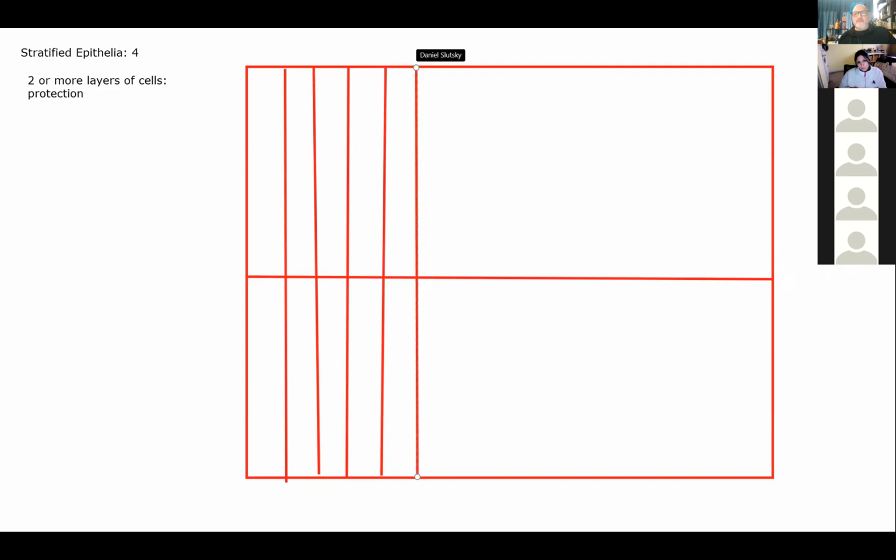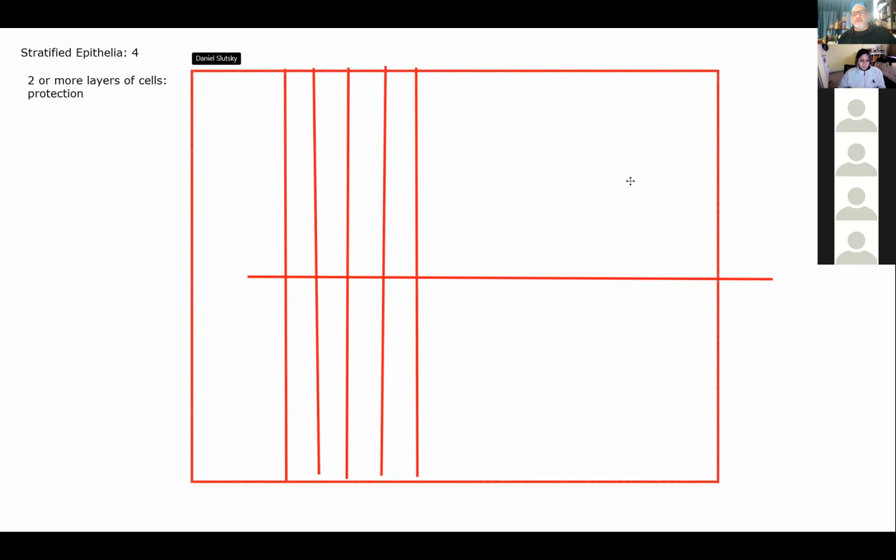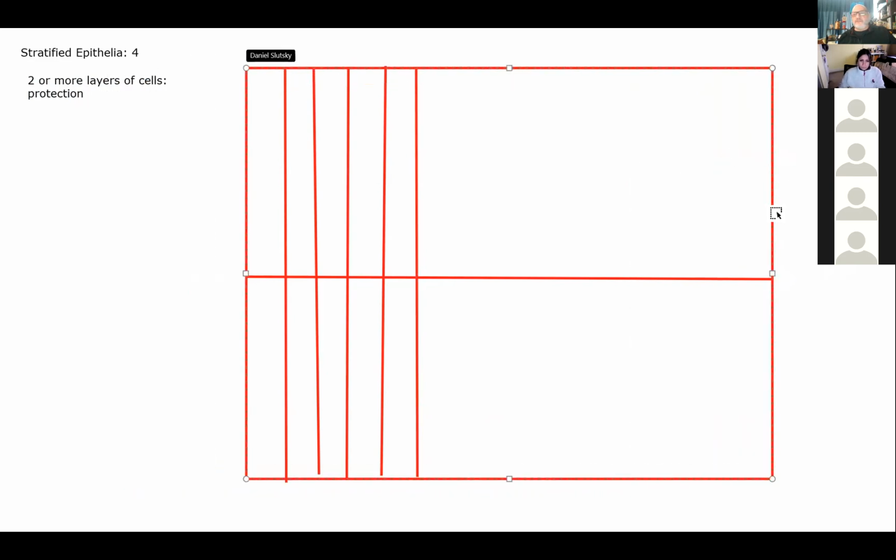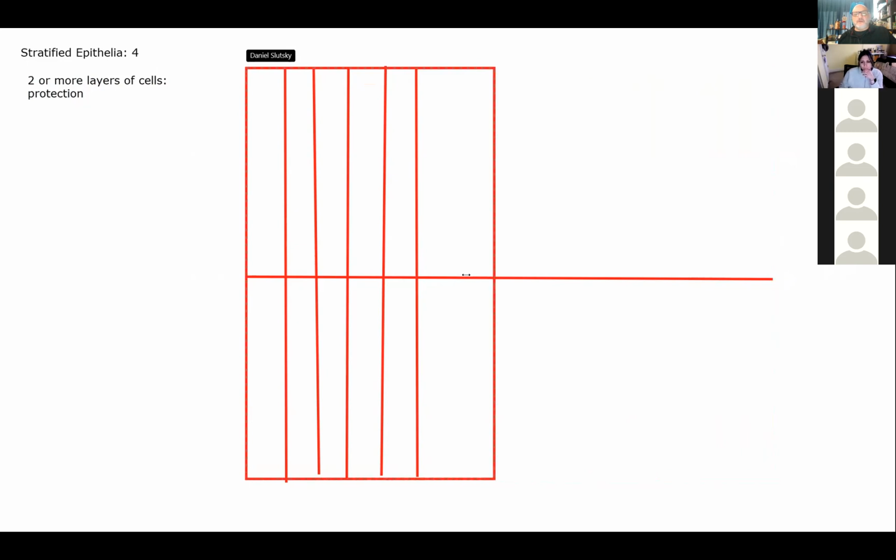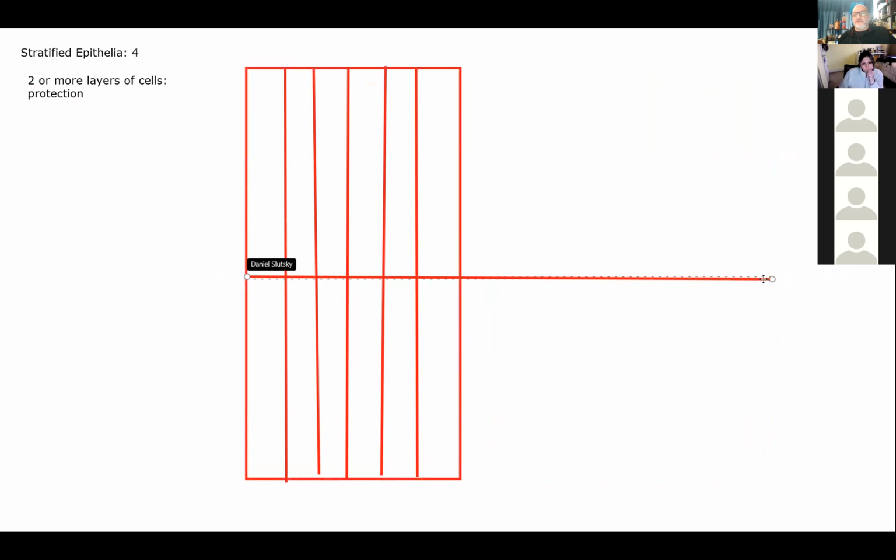If instead, I'm gonna totally cheat. Let's do this. There we go. What if I have a tissue that is comprised of four layers of block-shaped cells? Stratified cuboidal. Excellent.